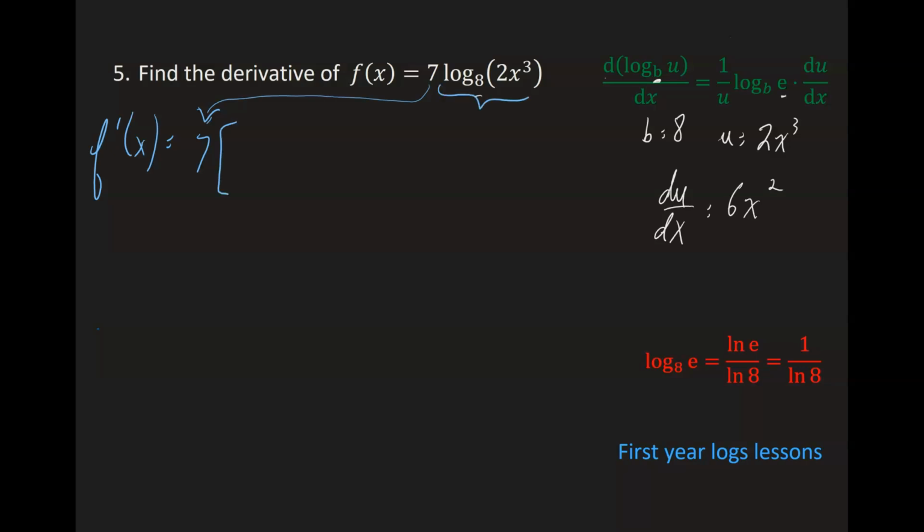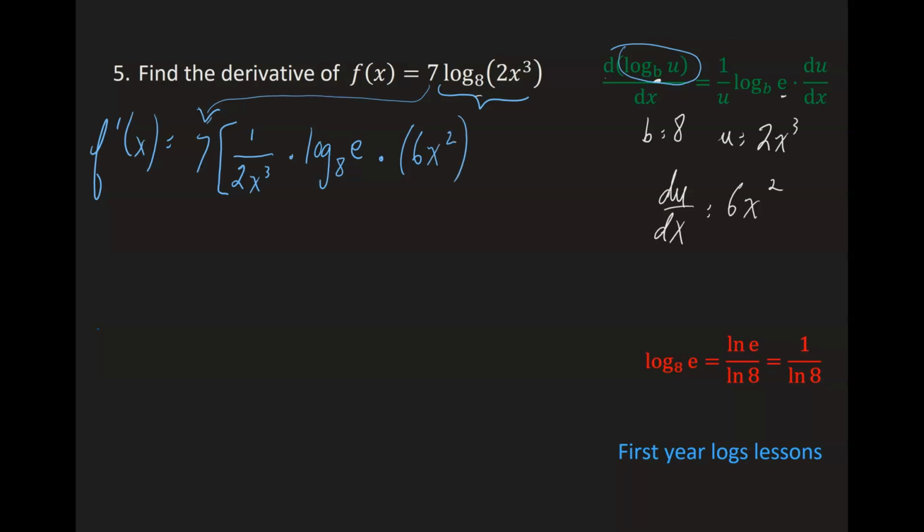The log base 8 of 2x cubed fits the log base b of u, so we do this formula 1 over u, 1 over 2x cubed, times log base 8 of e. Make sure when you're writing it, the 8 is a subscript, okay? And multiplied by du dx, which is 6x squared.